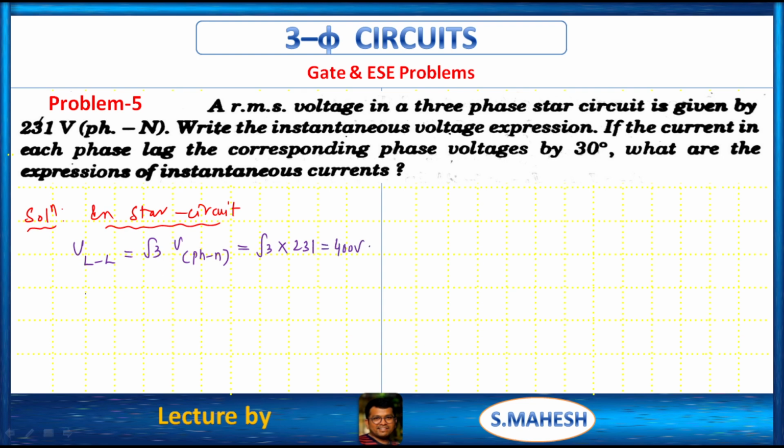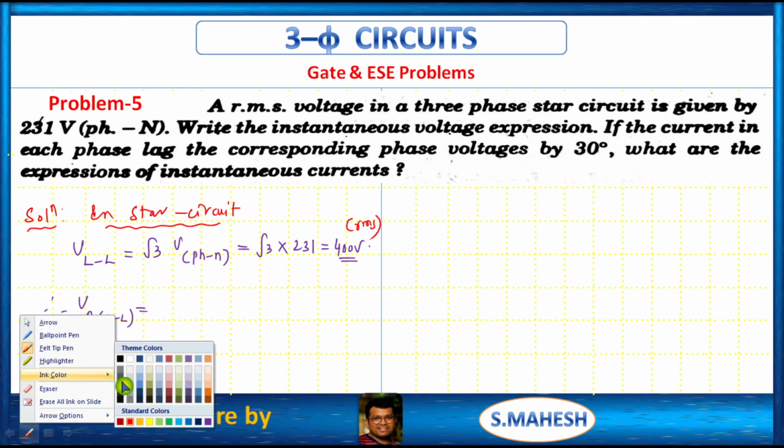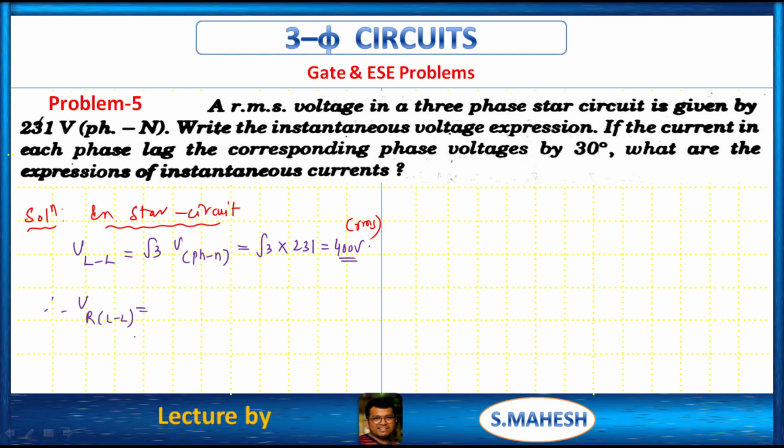Therefore the line voltage is RMS. In order to get the maximum value, Vm is root 2 VRMS, since Vm by root 2 is VRMS.